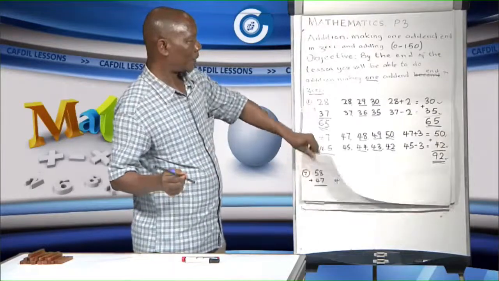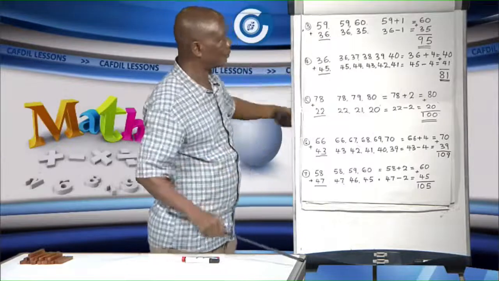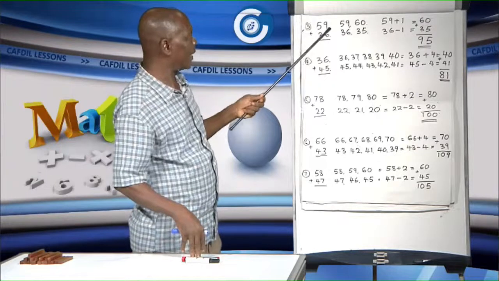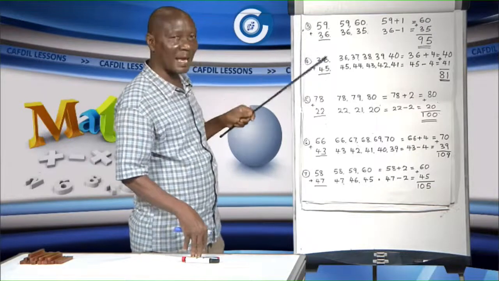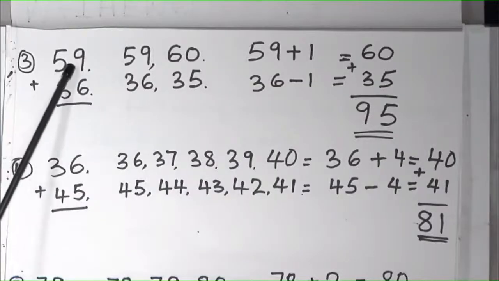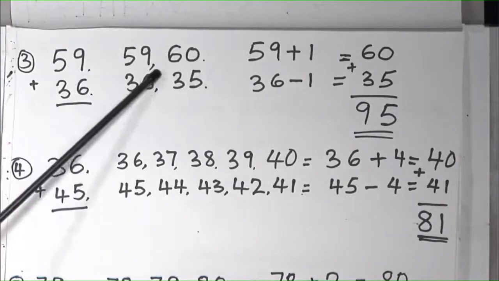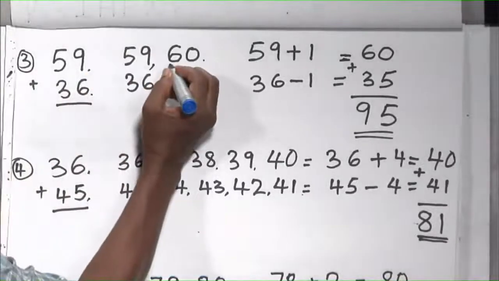Now let's go to question 3. That is 59 plus 36. From 59, the next number which will end in 0 is 59, 60. So we add 1, and that is what we have done. We have one number.